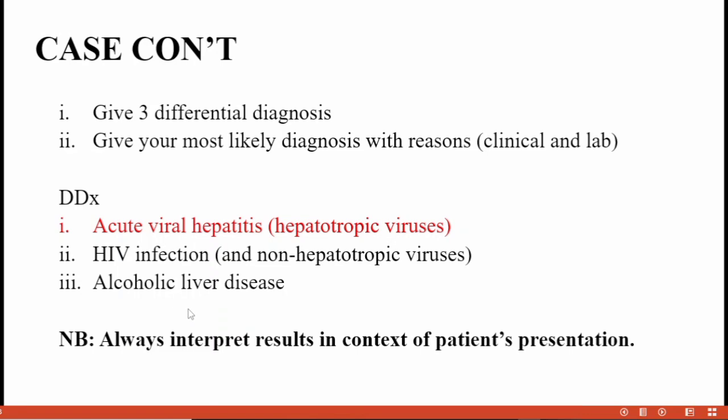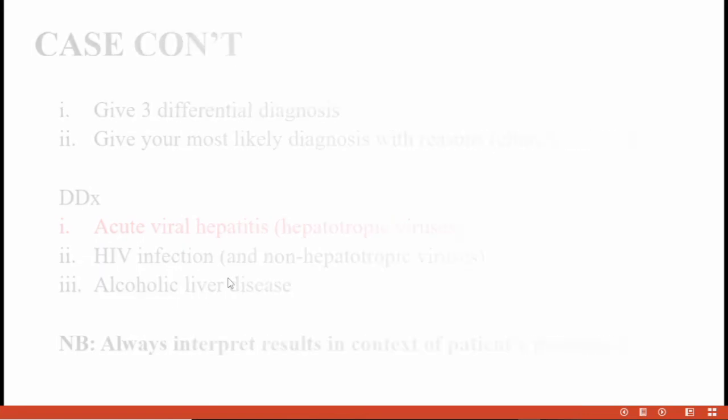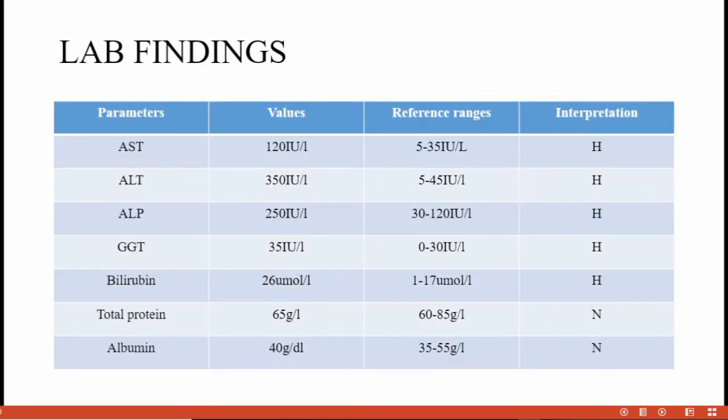Then alcoholic liver disease: our GGT, even though ALP was a bit high, was within an acceptable range, even though it was minimally high. Usually, ALP could be high in biliary tract abnormalities. It could also be high in bone abnormalities. It could also be high in pregnancy because the placenta produces a lot of ALP.